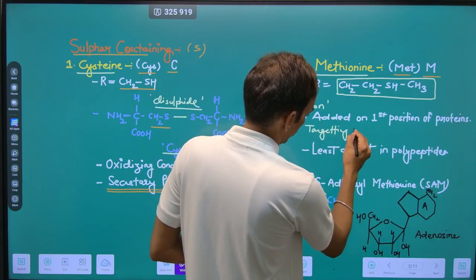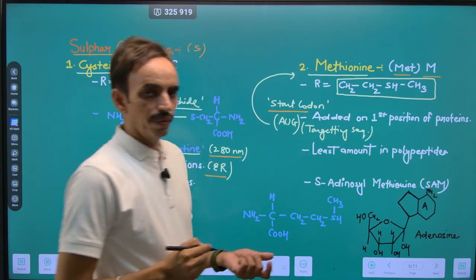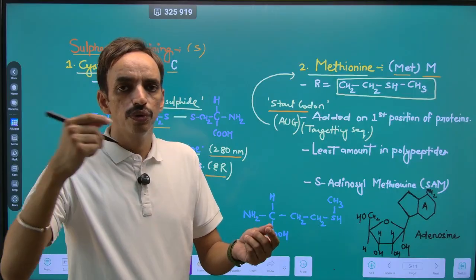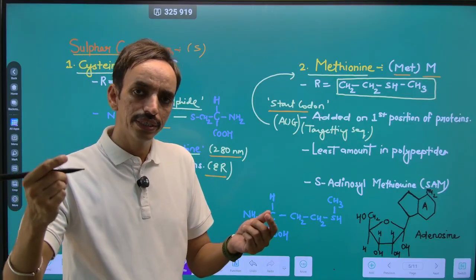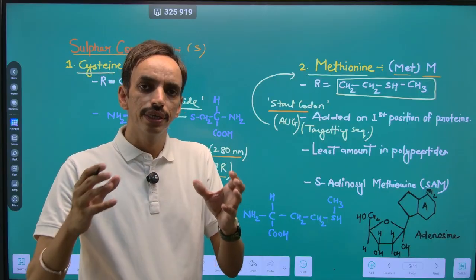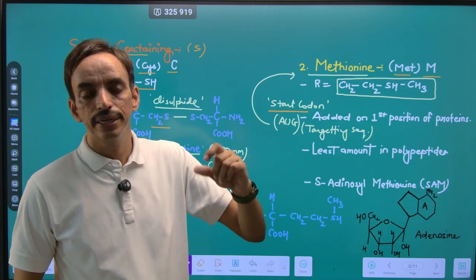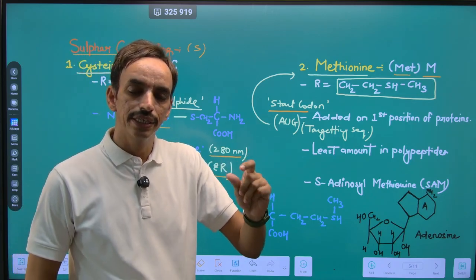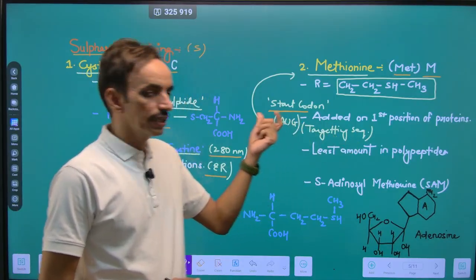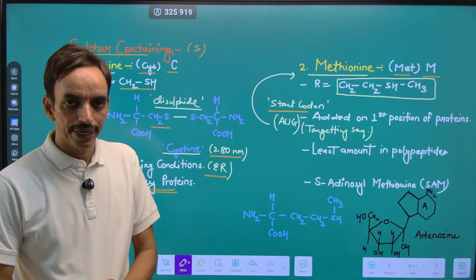Targeting sequences means these are the signal peptides which help the particular protein to transport towards a particular cell organelle, and after reaching that particular site, these targeting sequences will be cleaved by the enzyme signal peptidases. Therefore there is a least presence of this amino acid within the polypeptide.